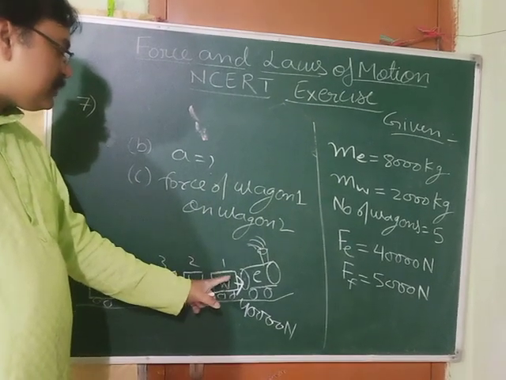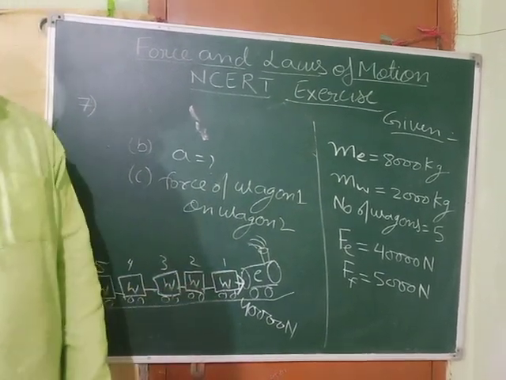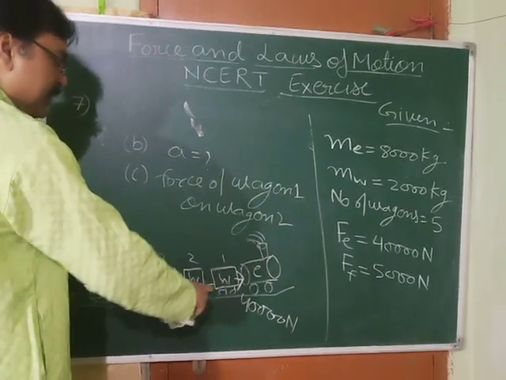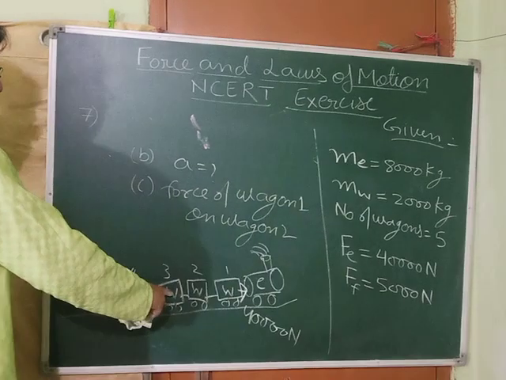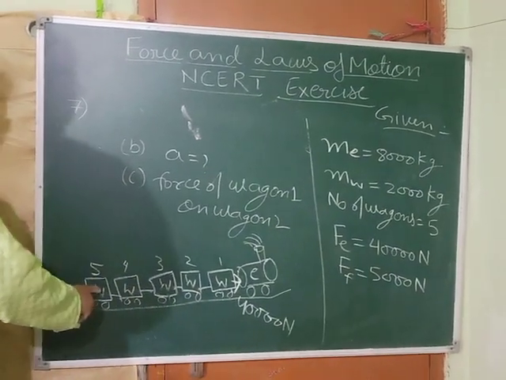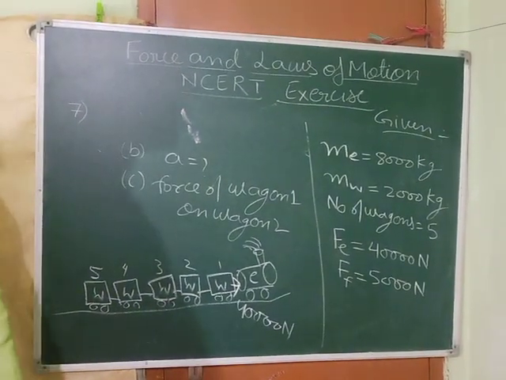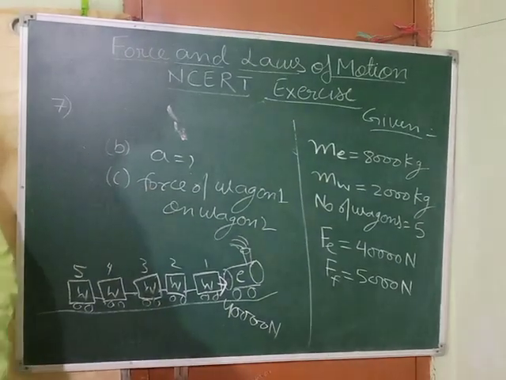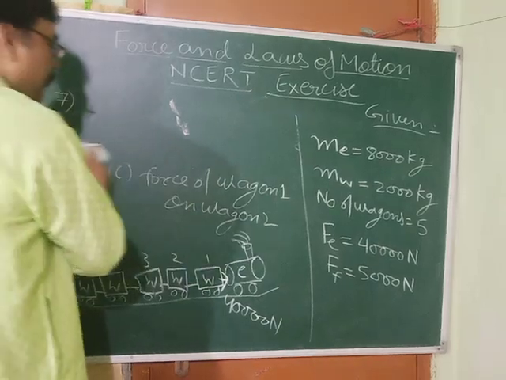That means how much force wagon 1 is going to apply on wagon 2. Because the engine is pulling the first wagon, the first wagon is pulling the second, the second is pulling the third, third is pulling fourth, fourth is pulling fifth. In this way, the whole train is moving. That has been asked in part C. So let's go to the first one.